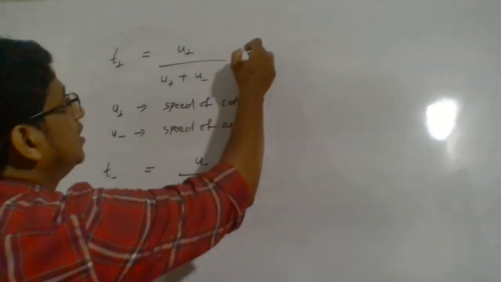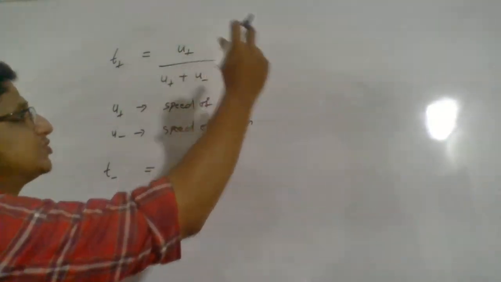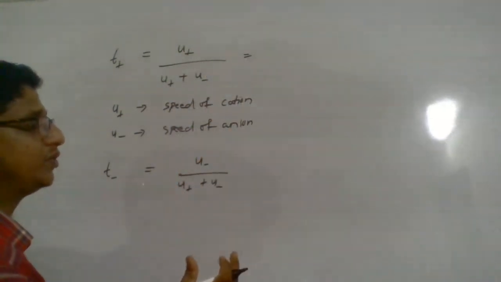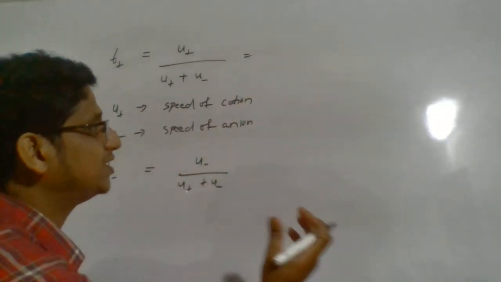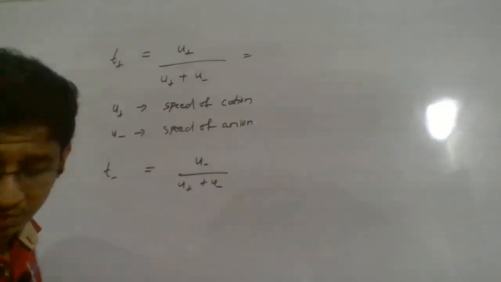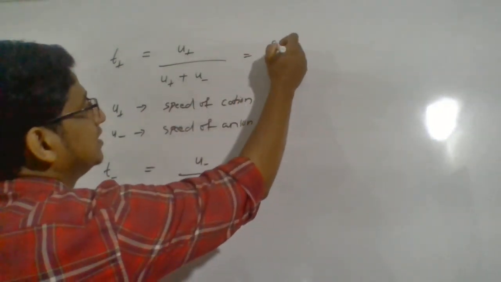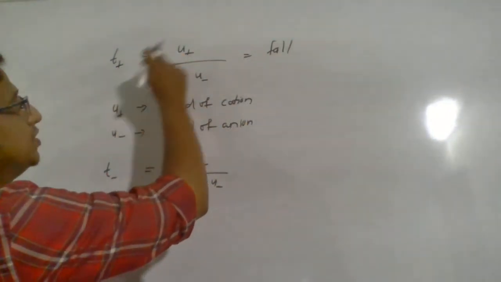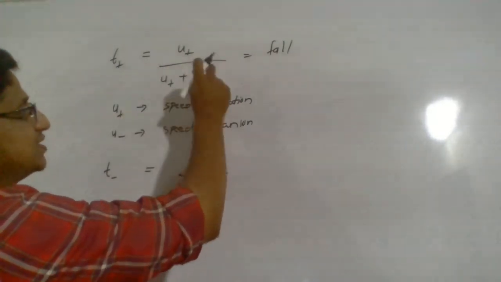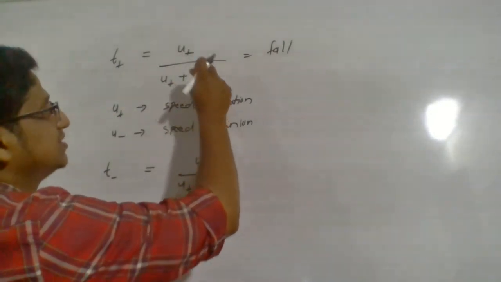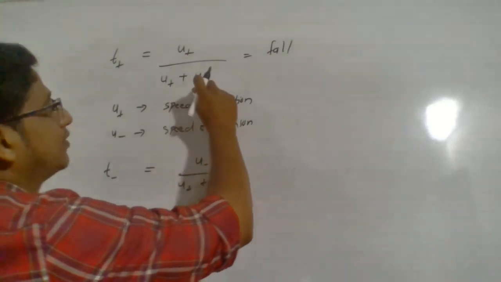Or you can imagine cation moves to cathode, which means concentration around the anode is decreasing, right? So you can have an equation like this: T plus is equal to U plus divided by U plus plus U minus. It is the total speed of the ions, right?